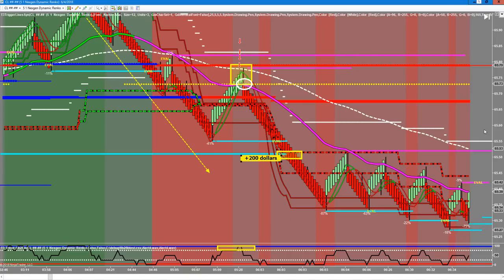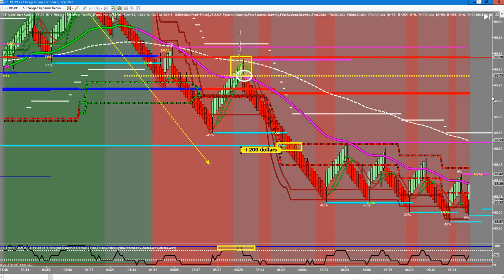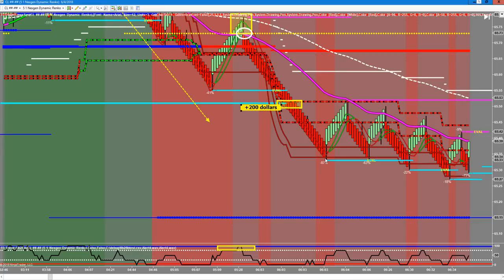Now, our other rules are, as long as the small triggers stay below, we're going to do another trade. So we're going to go short one more time. And divergence, that's this little thing right here, is going to stop our trade from going short.